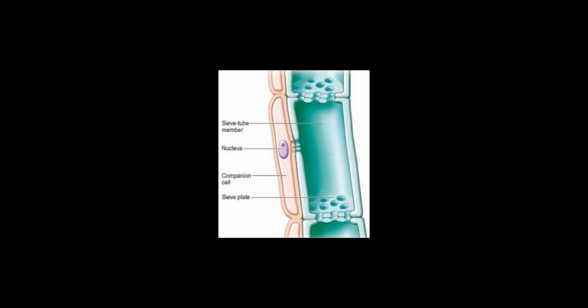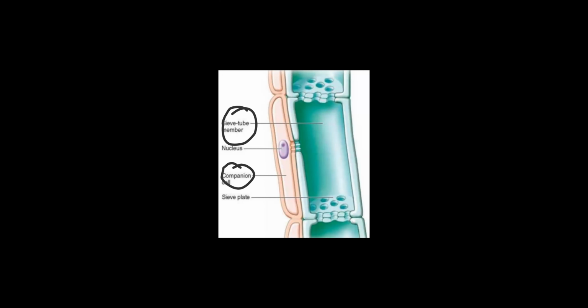Pit fields means an area where the companion cell has pits and exactly parallel on the other side the sieve tube member also has pits. Pits are available on both sides.